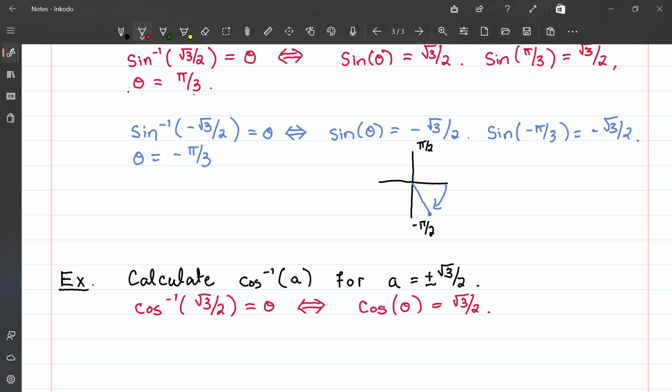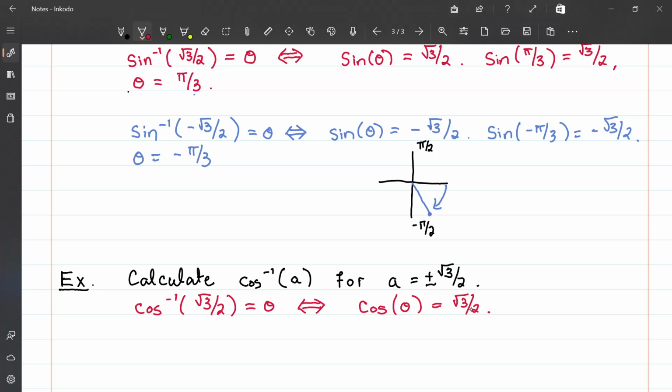This is going to give us a different answer than last time. However, if you start looking through the range for arc cosine, which I will remind you is the upper half of the unit circle, first of all, because we have a positive answer here, we must be talking about an angle in quadrant 1, because quadrant 2 is where cosine is negative, or I should say one of the places where cosine is negative.